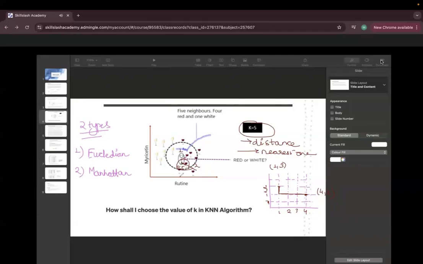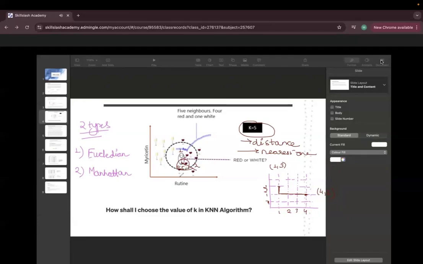Then we will do voting, by the majority of the data points. Let's say out of 5, I have 3 data points as red and 2 as white. We will go with the majority, and I am going to say that my unknown data point is red wine, because my majority is red wine.